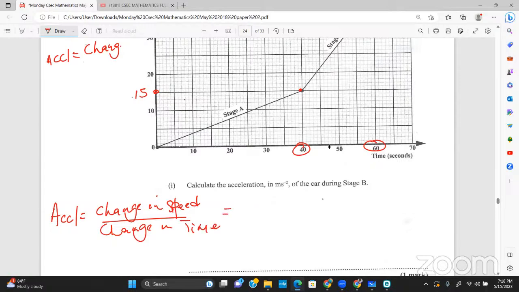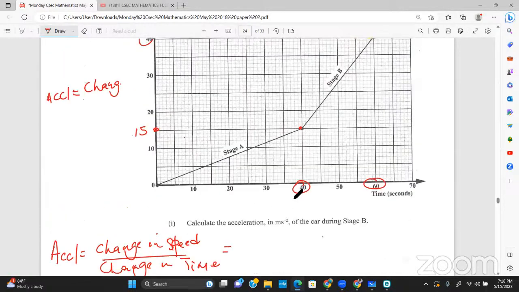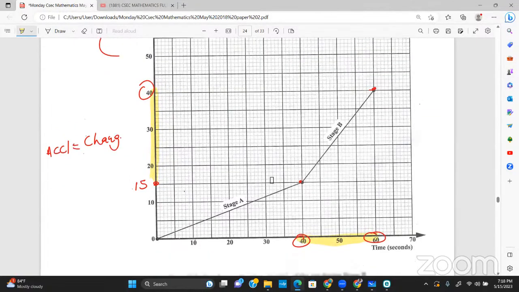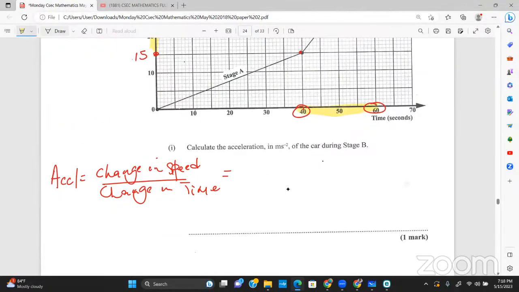That is why we said it's the gradient, because the change in the speed is going to give you the rise, and the change in the time is going to give you the run. So the rise over run idea, right? So it's 40 minus 15 over 60 minus 40.